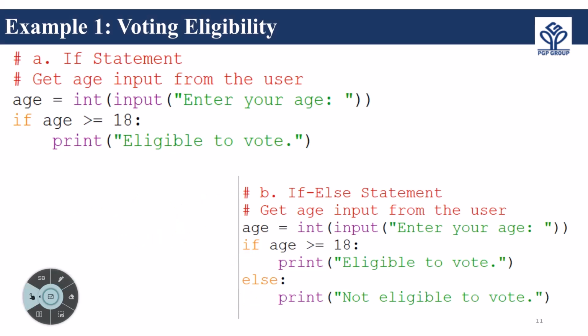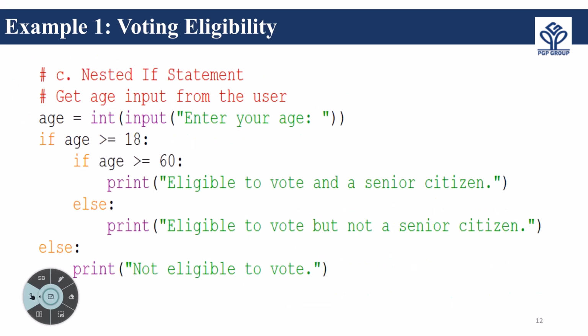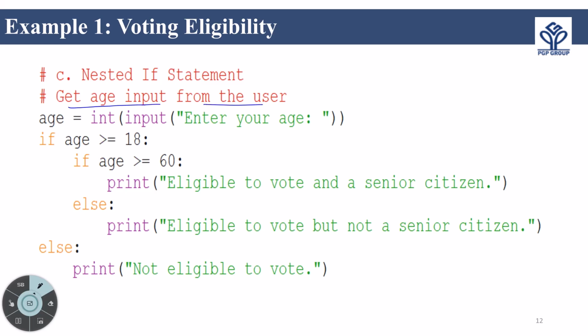Clear? So next one, C. We are using a nested if statement. Okay, voting eligibility, nested if statement. Same as before, get the age input from the user, assigning the age variable, integer type of input from the user, enter your age. To check the condition, age greater than or equal to 18.